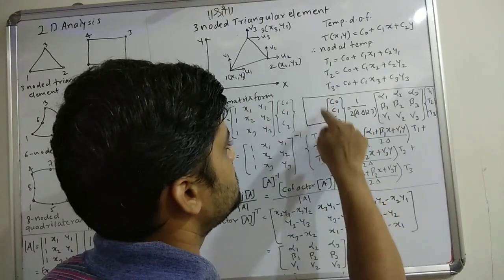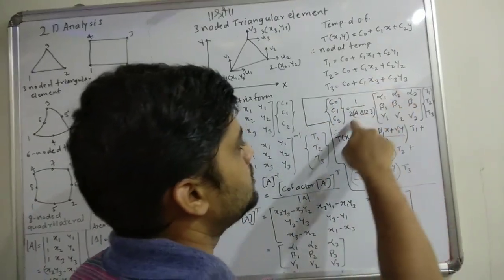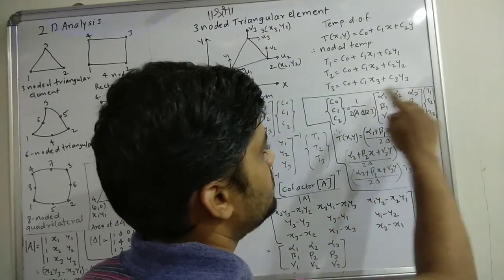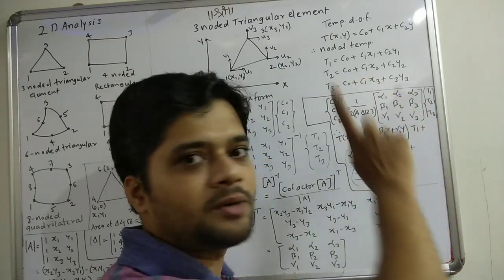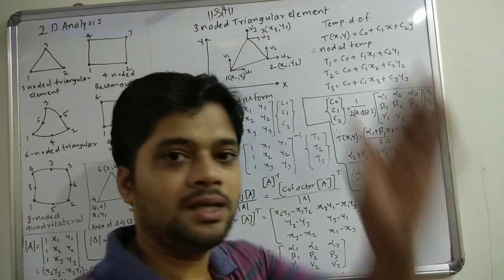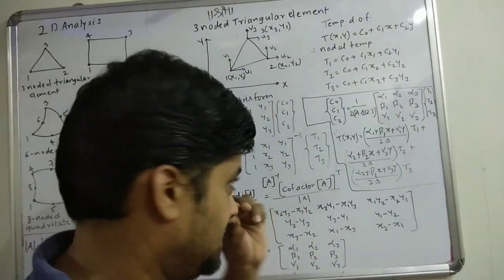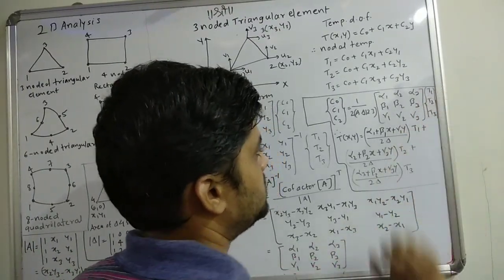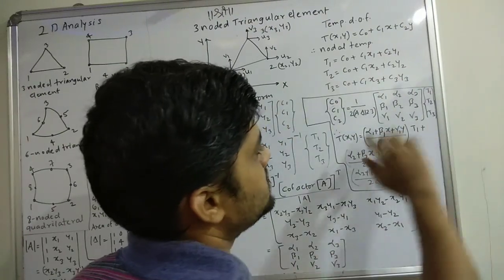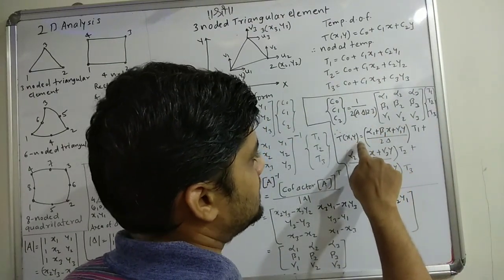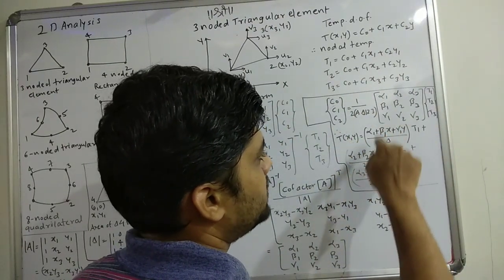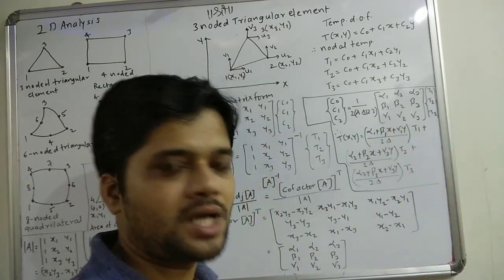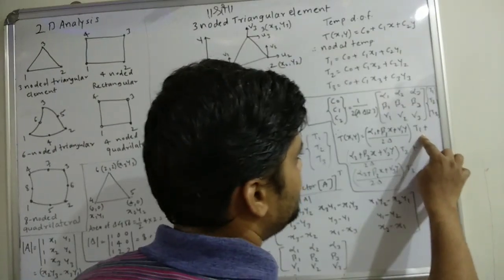I have C0, C1, C2 equal to 1 upon twice the area of this triangle, multiplied by alpha 1, alpha 2, alpha 3, beta 1, beta 2, beta 3, gamma 1, gamma 2, gamma 3, multiplied by the nodal temperature vector, that is T1, T2, T3. Now when I solve this, eventually what I get is alpha 1 plus beta 1 x plus gamma 1 y, divided by 2 times the triangle area, multiplied by T1.